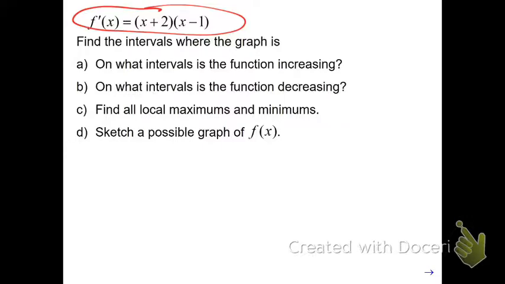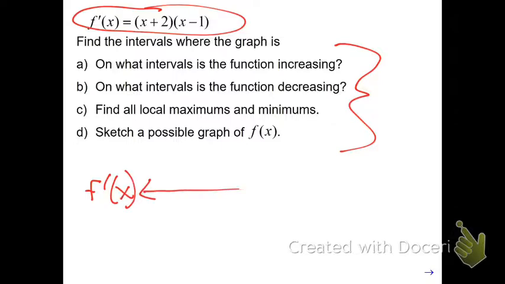Now, to answer all of these questions, we're going to do a first derivative sign chart, just like you did with acceleration and moving left and right. First find when the derivative is 0 or undefined, and that would be at -2 and 1.